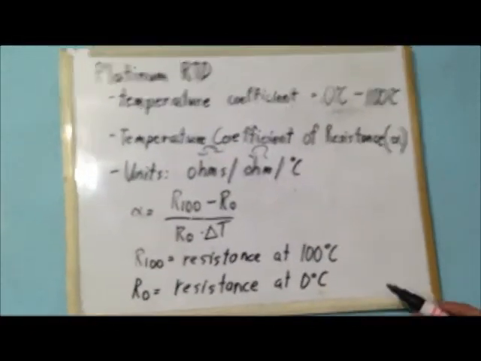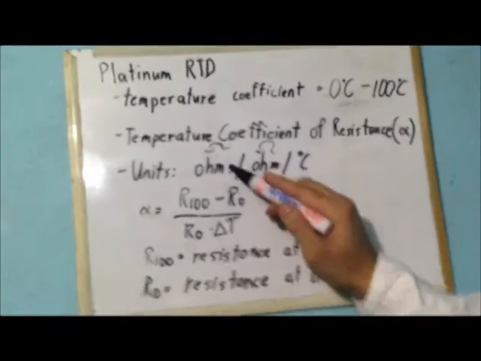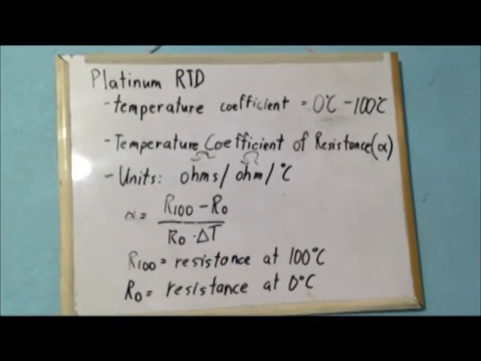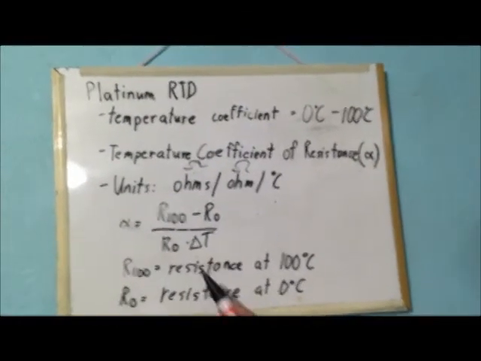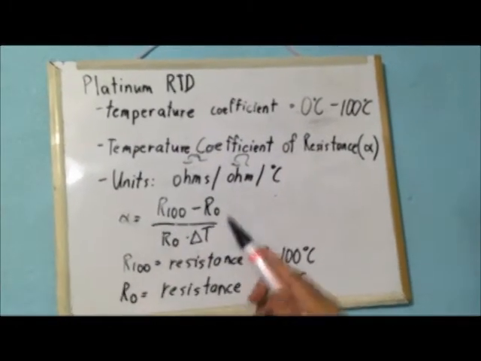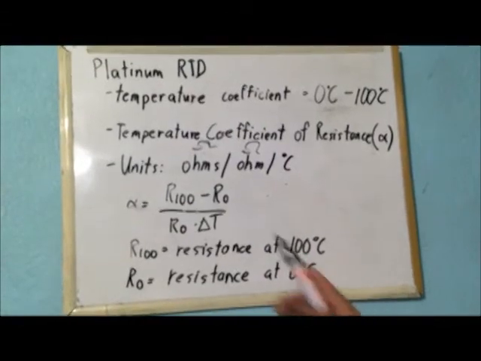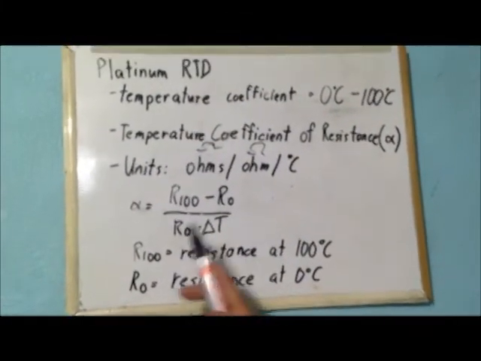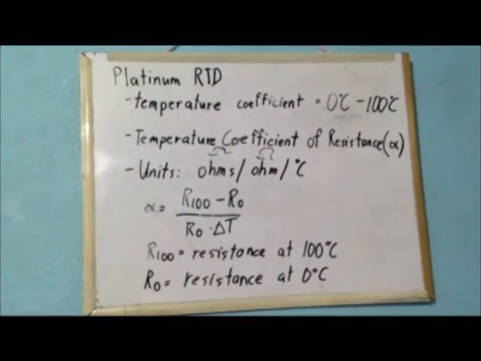Temperature coefficient of resistance, also known as alpha. Its units are ohms per ohm per degree Celsius. The formula for getting the temperature coefficient, alpha, is equal to R100, which is the resistance at 100 degrees Celsius, minus R0, which is the resistance at 0 degrees Celsius, all over R0 multiplied by the change of temperature.